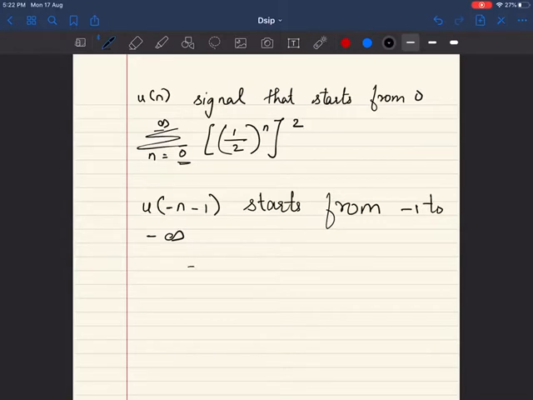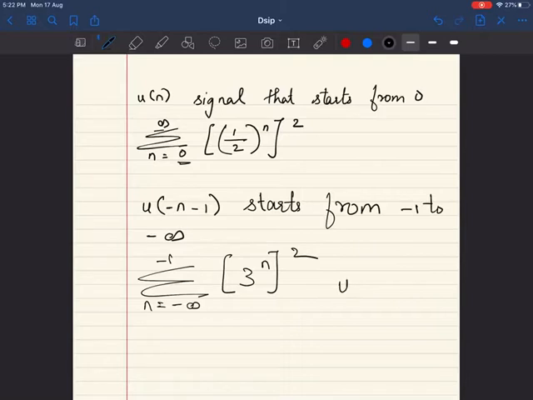So I rewrite it as the limits are minus infinity to minus 1, of 3^n the whole square. Okay, because my u of minus n minus 1 is going to be equal to 1 from minus infinity to minus 1. Okay, so now these are my two terms.